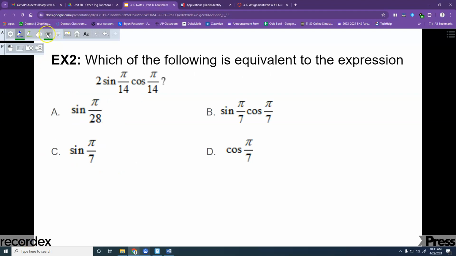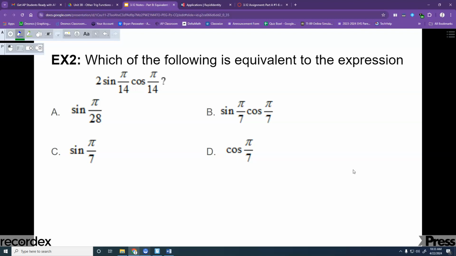Okay, here is a different type of problem. Here it says, which of the following is equivalent to the expression 2 sine pi over 14 cosine pi over 14? Now, which formula does that one look like? Does that look like the sine formula or the cosine formula?